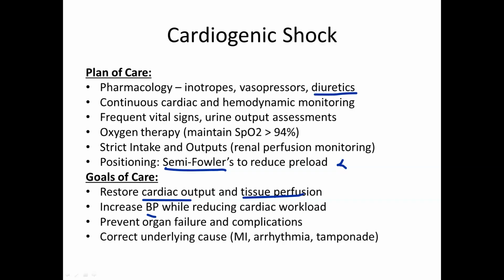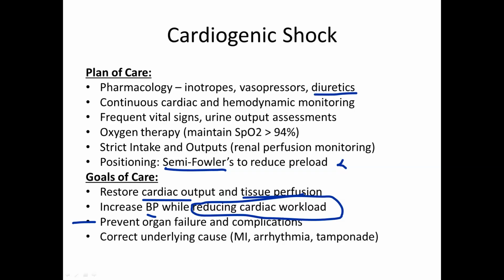Monitor their blood pressure while reducing the workload of their heart. How do you reduce the workload of the heart? You cluster care. You avoid stressful situations. We have supplemental oxygen available. So anything that I can do that would cause that heart not to have to stress itself further.